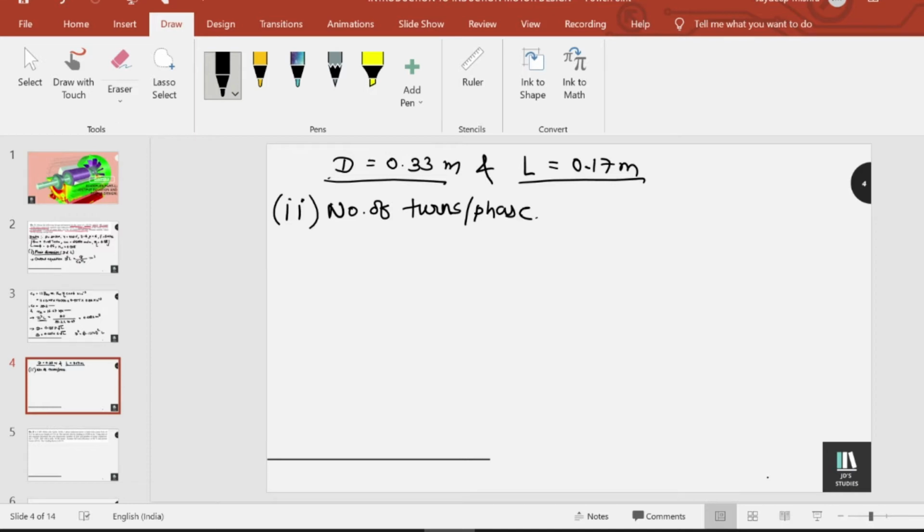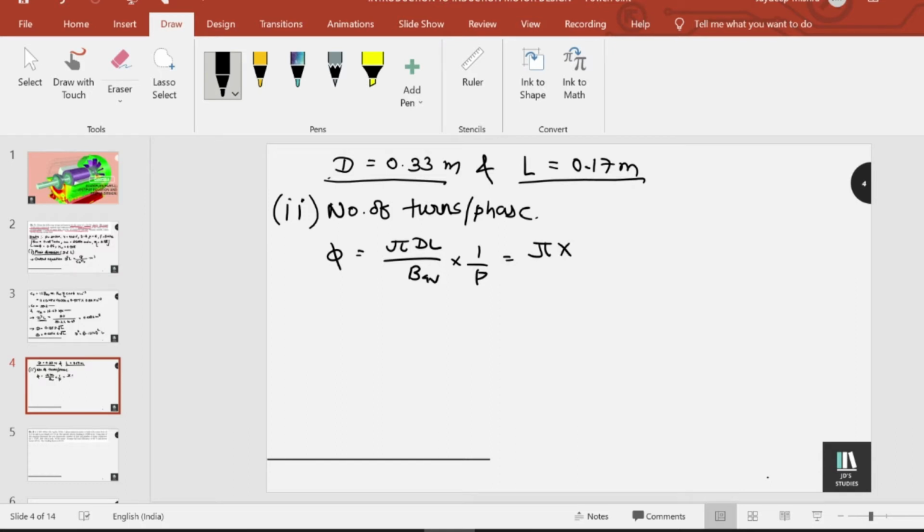Then we have an equation of phi. What is the equation of phi? Phi is pi D L divided by B average, meaning magnetic loading. Use this equation to find the phi.